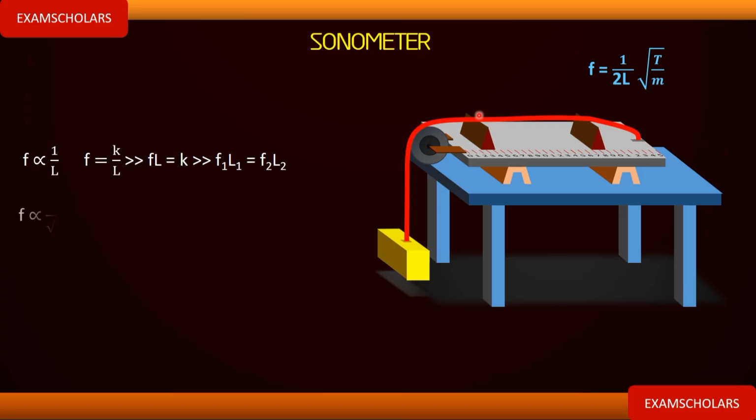This one is also inversely proportional. And look at this formula. We can see that it is inversely proportional to the root of M. If you use your mathematical knowledge, F is equal to K over root M, as shown. So K is equal to F root M. We are going to have F1 root M1 give you F2 root M2.